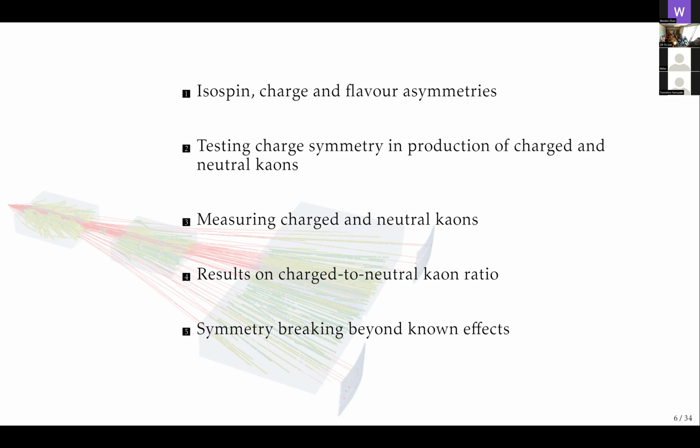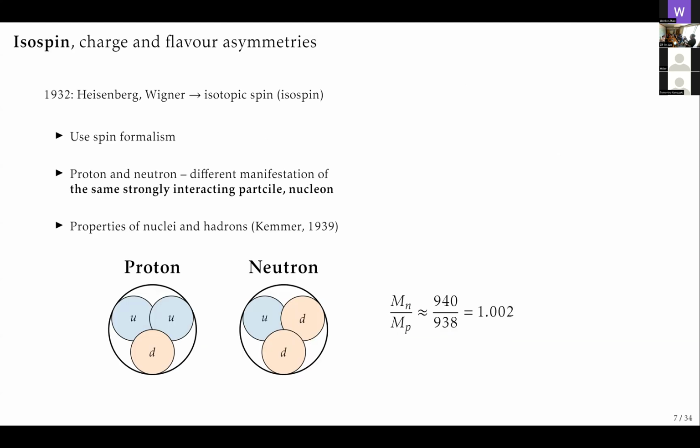I will explore some ideas for how to test this charge symmetry. I will explain how we measure both charged and neutral kaons. I will then discuss the results, known effects and possible explanations of those.